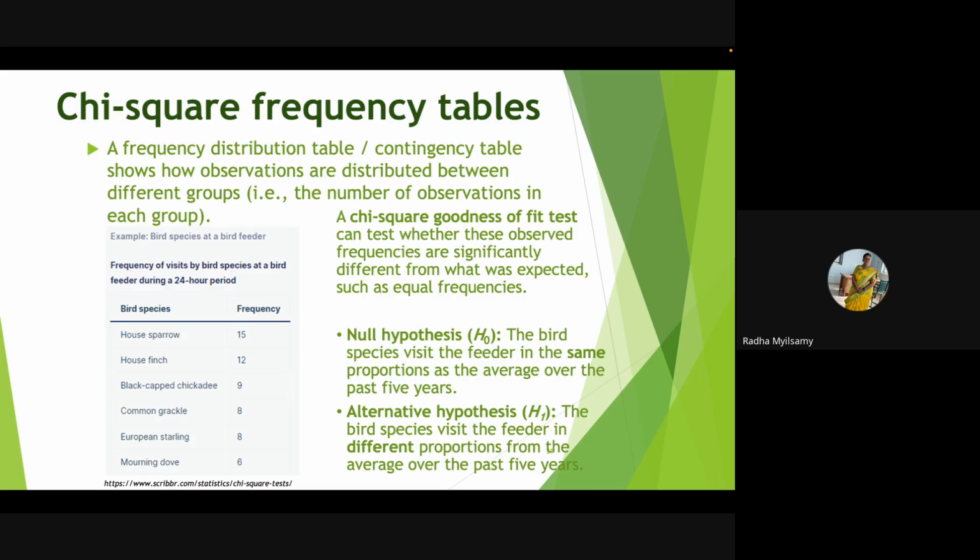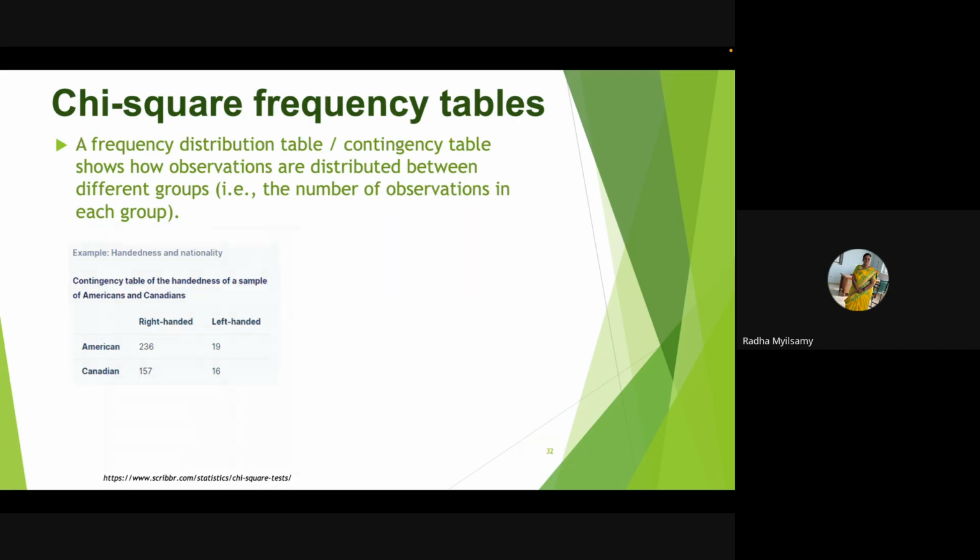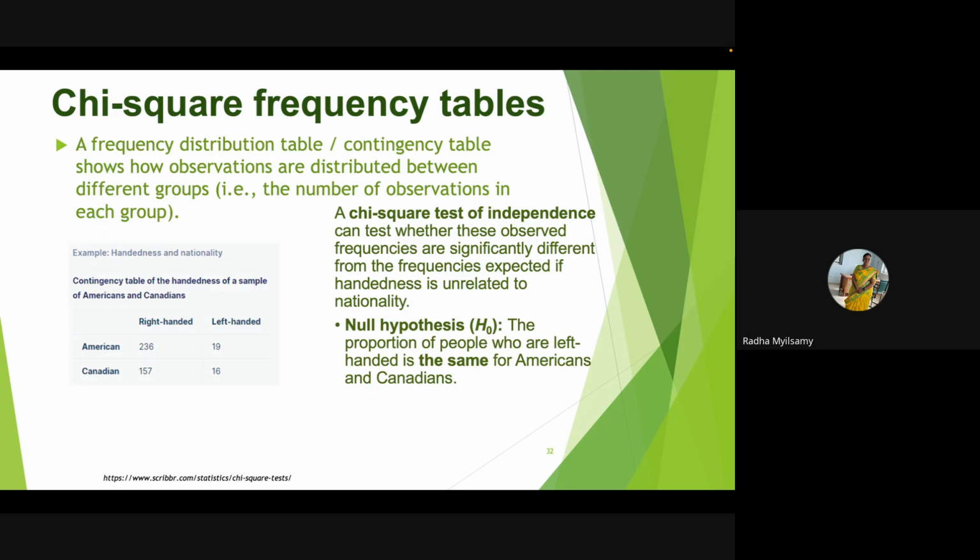Based on this example, we may have a null hypothesis: the bird species visit the feeder in the same proportion as the average over the past 5 years. Or the alternative: this is not the same proportion as the average over the 5 years. This is an example of a contingency table, in which we combine two things: the handedness of a sample of Americans and Canadians.